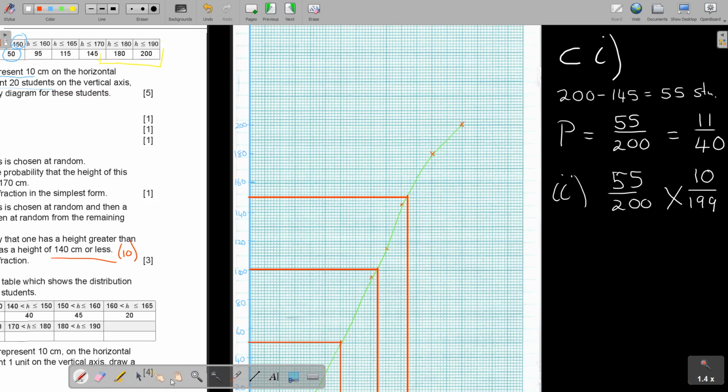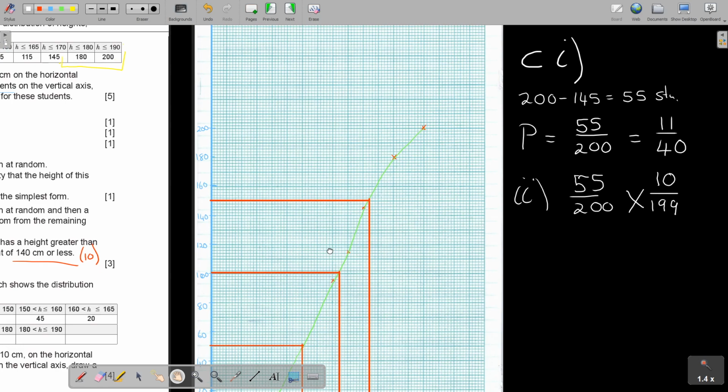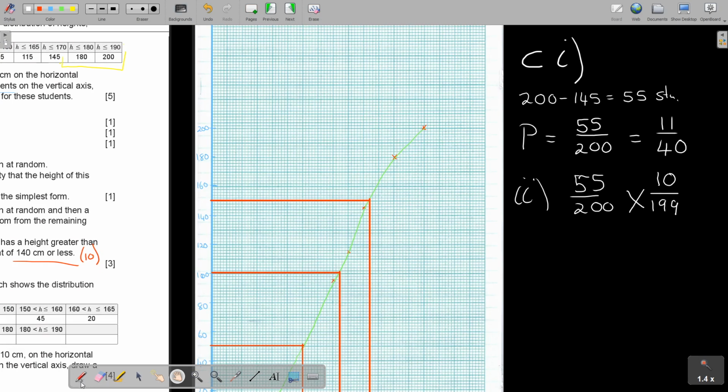Okay, and then I just move it, and I'm just going to calculate it on my calculator, and my final answer will be 11 over 796. I just want to check it quickly. So it's 55 over 200 multiply 10 over 199, and it's going to be 11 over 796.